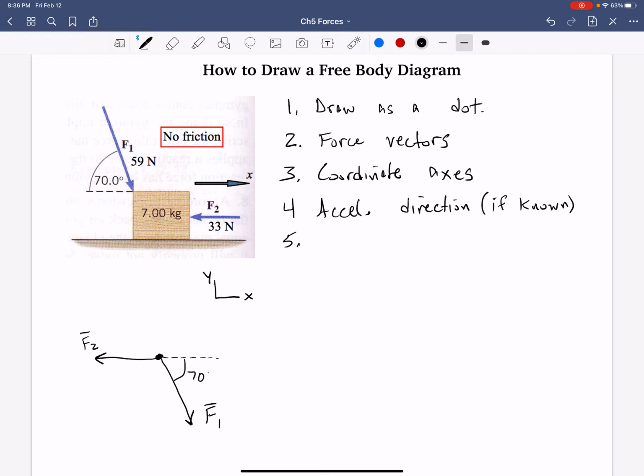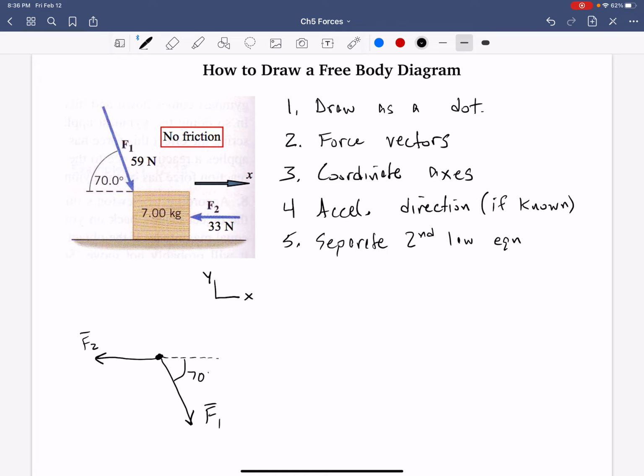And lastly, or fifthly, if you will, we need to write out separate second law equations, right, for x and y, okay? So what I have written are just the regular vectors, F1 and F2.